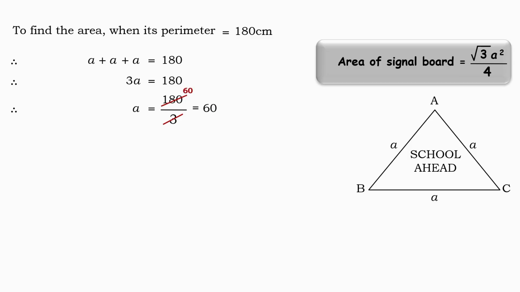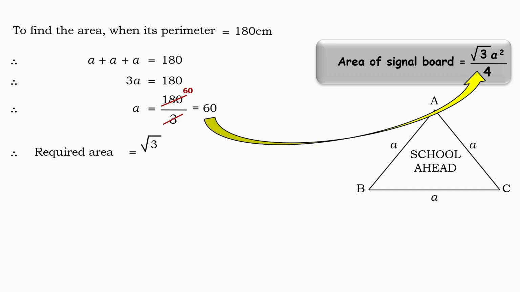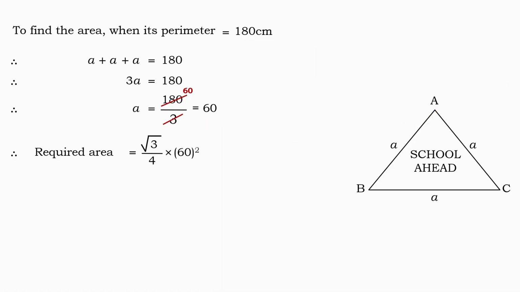So now what are we going to do? Now we are going to replace this value of a in the value we got earlier, that is the area is root 3 a square by 4. So the required area is root 3 by 4 into 60 square. So now let us do the cutting out of this.